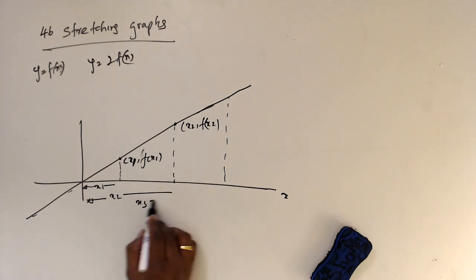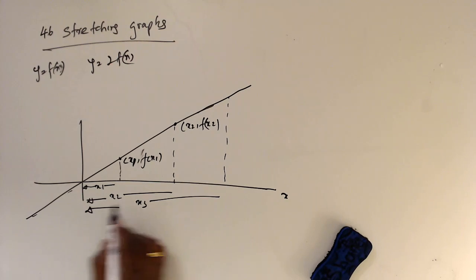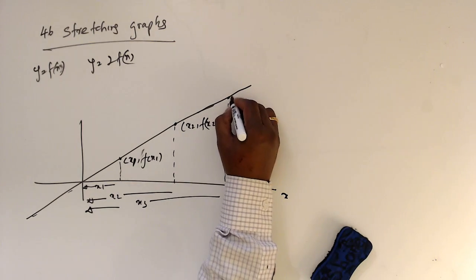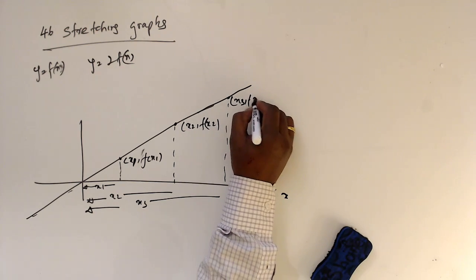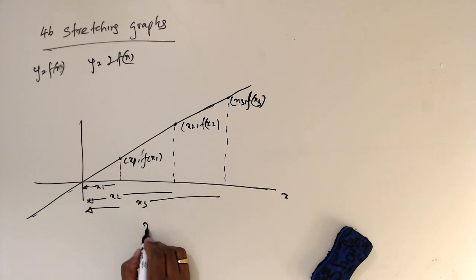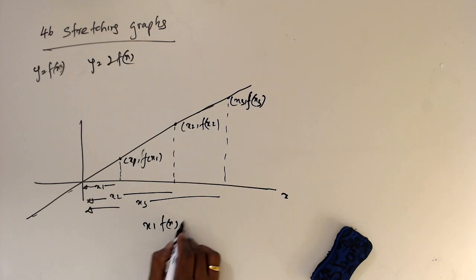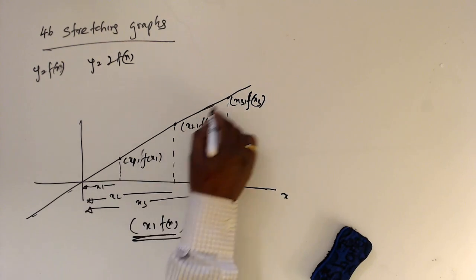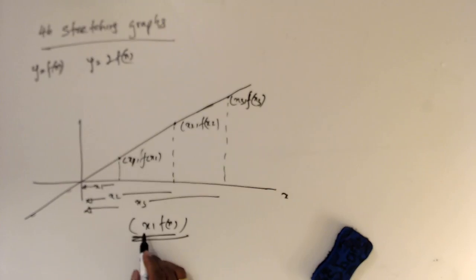This is x3 away, so this is x3, f(x3). In general, all the points on this curve are x, f(x).